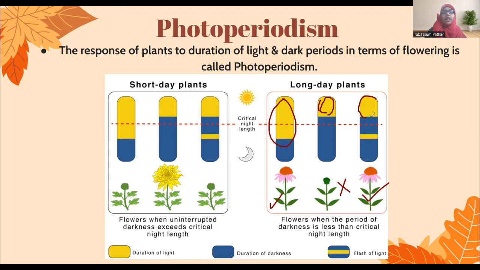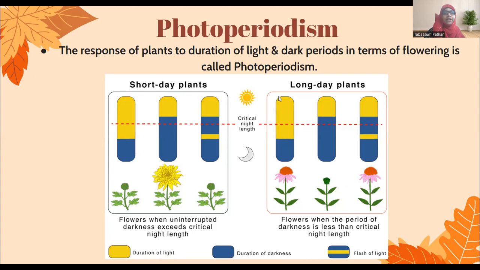Here, the flash of light is okay, the plant can accommodate it and then it can flower. It will flower when the period of darkness is less than the critical night length. Comparatively, they require more amount of sunlight for the plants to flower.